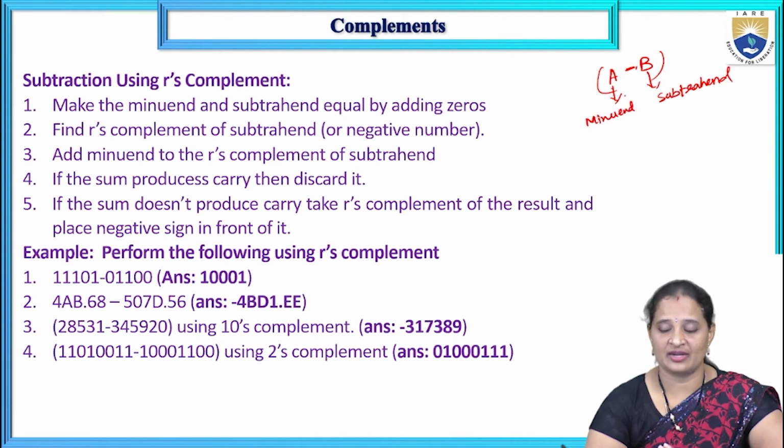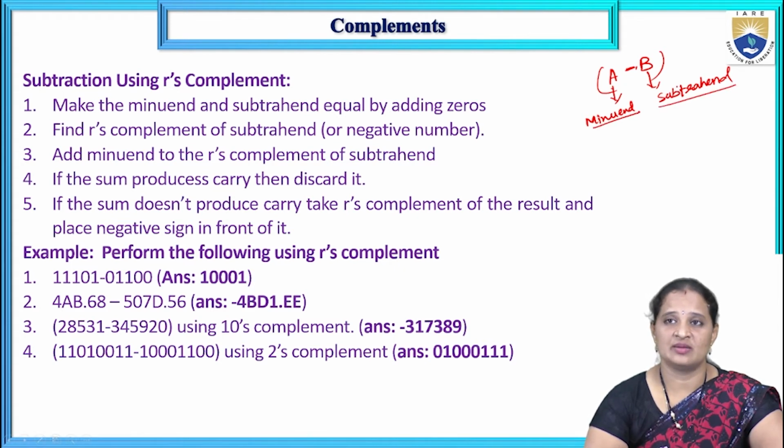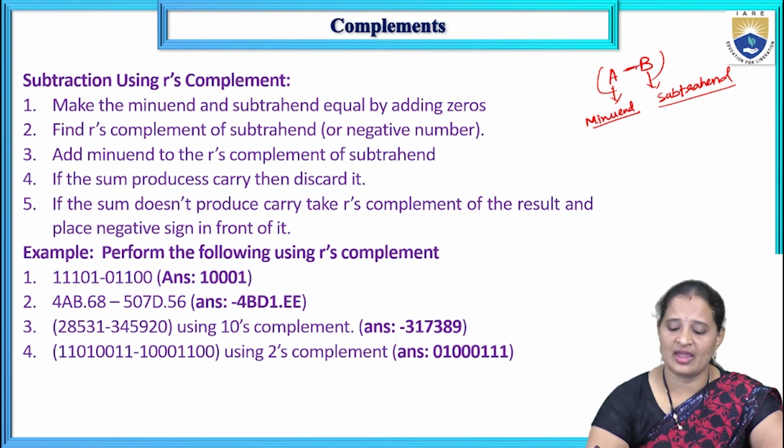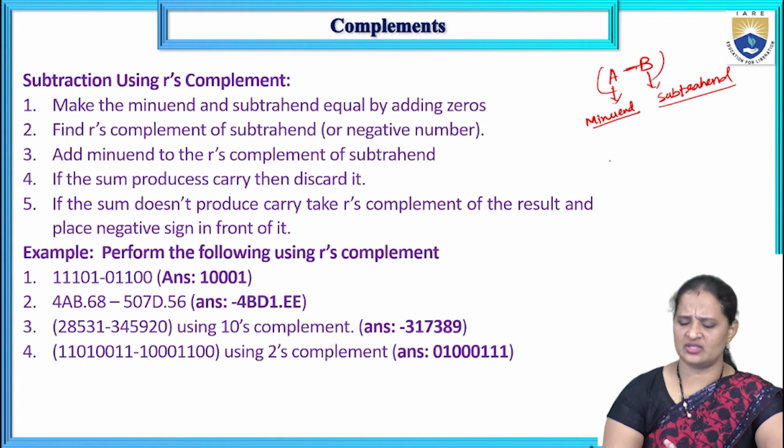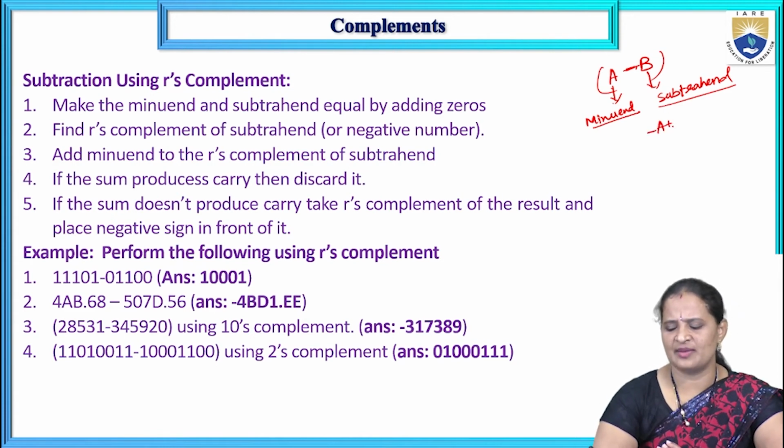From which we are subtracting is the minuend, and what we are subtracting is the subtrahend. That means we are subtracting b from a. So whatever it is, even if we have minus a plus b also, the same applies.